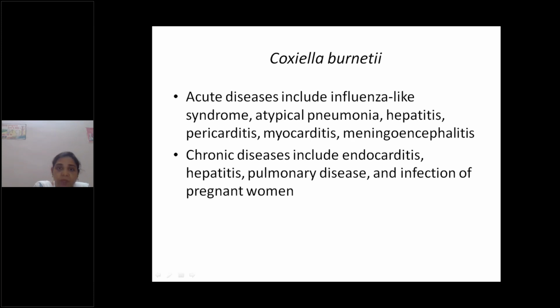Q fever may be either acute or chronic. Acute disease usually is characterized by influenza-like symptoms, fever, cough, cold, etc., or atypical pneumonia, hepatitis, pericarditis, myocarditis, and meningitis.